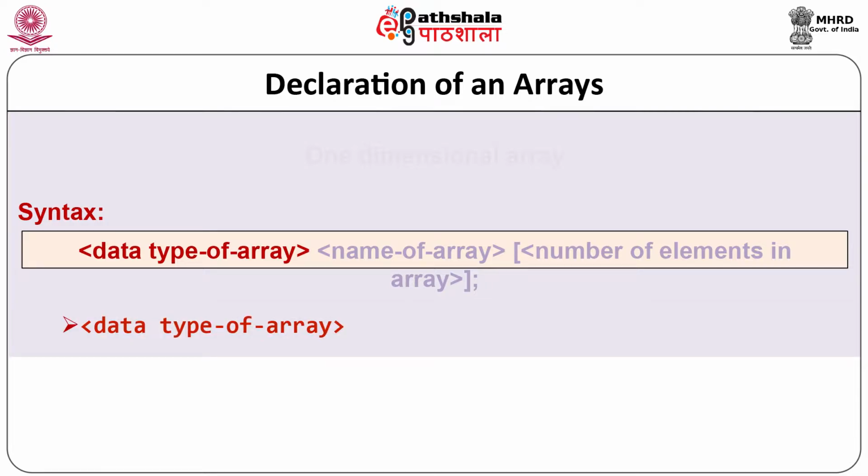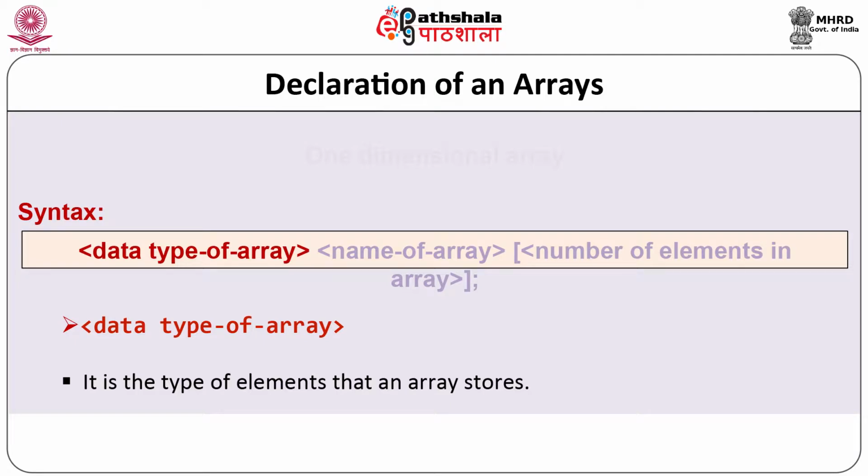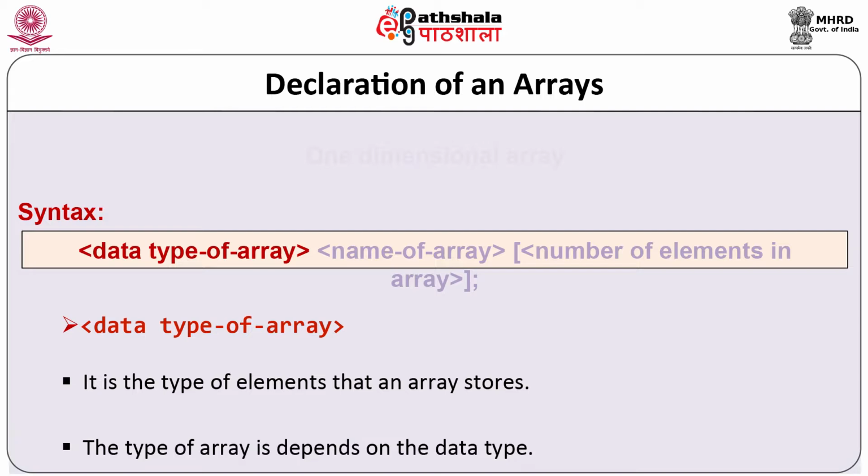Data type is the type of element that an array stores. The type of array depends on the data type of its elements. If array stores character elements, then type of array is character. If array stores integer elements, then type of array is integer.